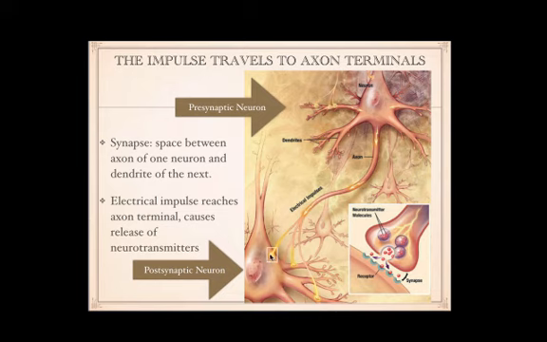And the axon terminals are going to be found at that synapse, the space between the presynaptic neuron and the postsynaptic neuron. Once our electrical impulse reaches the axon terminal, it's going to cause the release of neurotransmitters from that axon terminal.